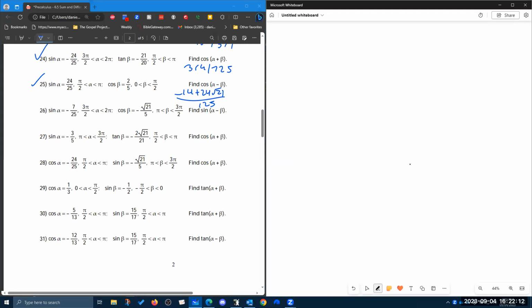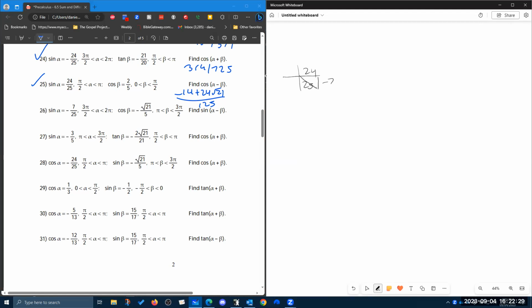For 26, we have alpha in quadrant 4. It has a sine value of negative 7 over 25, which makes this side 24.